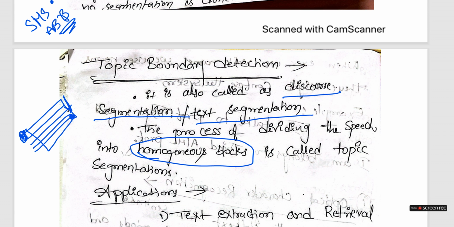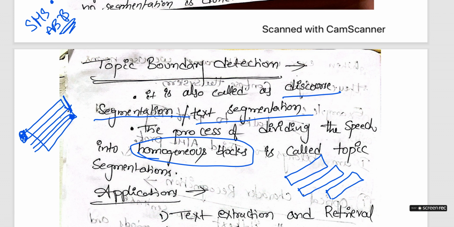Homogeneous blocks means, suppose I am writing a letter. First I will write my information. Then I will write what is the purpose of writing the letter. Then in the third paragraph, I will write things like give permission, accept me, consider me.